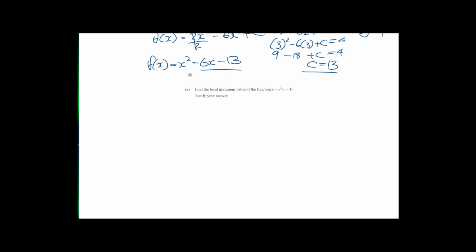Okay, moving right along. Find the local minimum value for this function, and justify your answer. First thing, I'm going to get rid of those brackets.